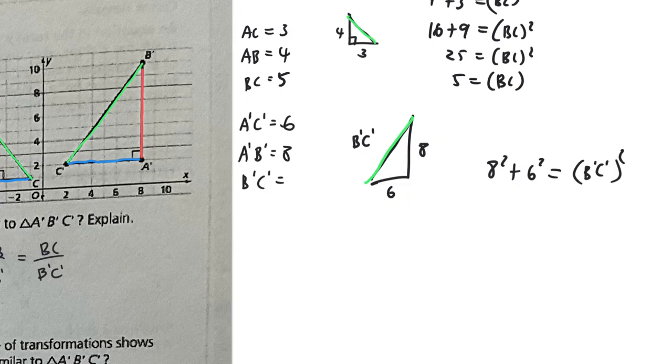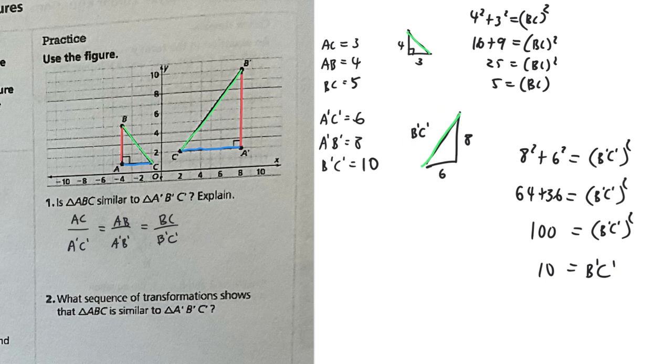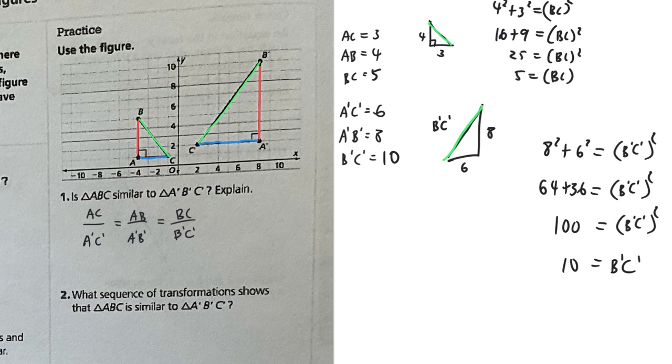And let's just kind of be lazy and copy these, because I know I'm going to have to do that. And then this would be 64 plus 36, and that's going to be 100. And then taking the square root of all sides would give us 10. So that's 10.